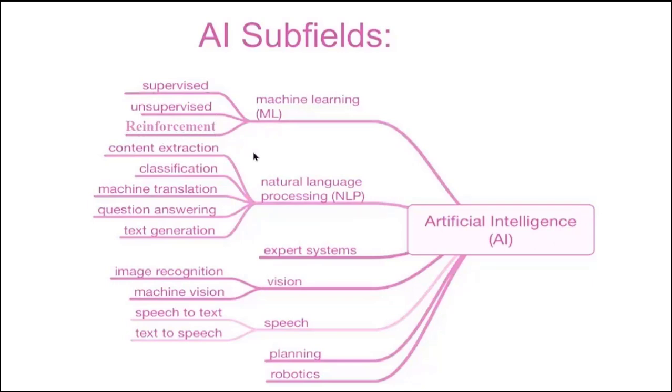The rest of the subfields of AI are natural language processing or NLP, expert systems, machine vision, machine speech, planning, and robotics. In the next slide, I will talk a little about the history of artificial intelligence.